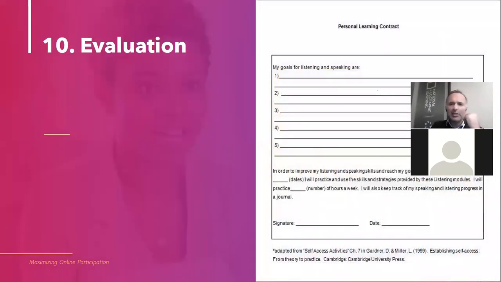Slide number 10, I can call this maybe the most important one, the most significant message in terms of engaging your learners. In face-to-face classes, I keep repeating this message over and over, but it's really important.